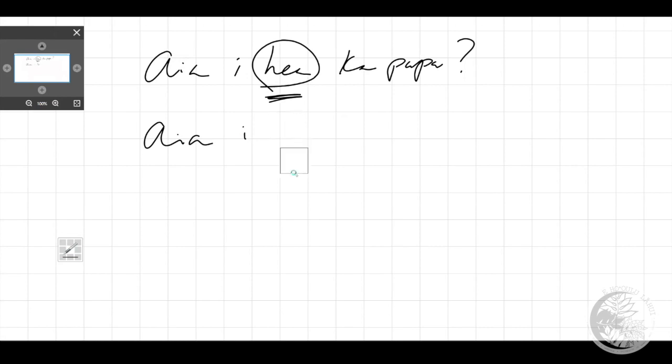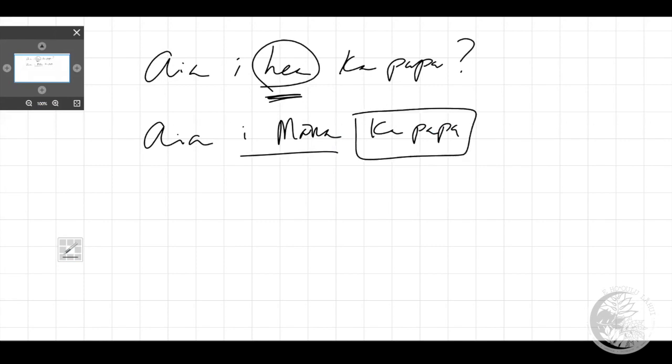Aya kapapa. Aya I manoa kapapa. Or sometimes you can actually take kapapa and move it up to its common position, and I could also say aya kapapa I manoa or aya I manoa kapapa, and both would be correct.